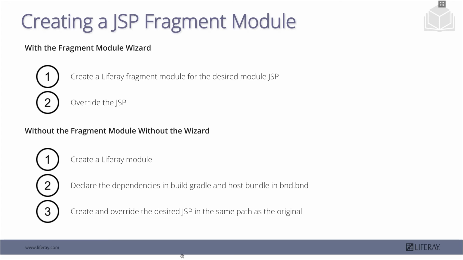Otherwise, if you're not using the wizard, you have to create a Liferay module project using one of the templates that we have by default. You need to then find the specific module you want to override, and include that within the bnd.bnd file as a host bundle. From there, you find a copy of the JSP that you want to override. You can copy and paste and then make your modifications, whatever that might look like.